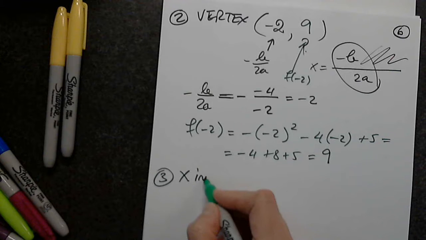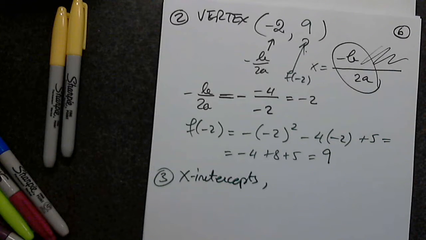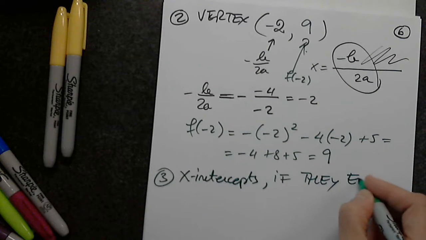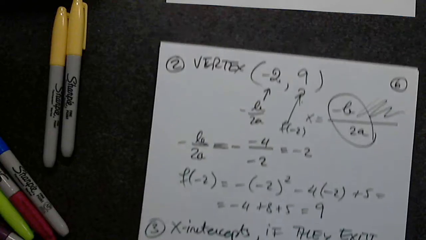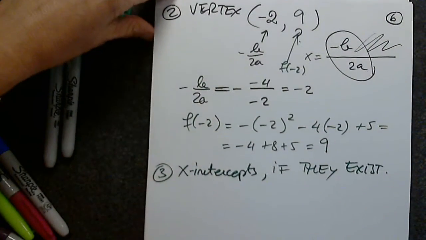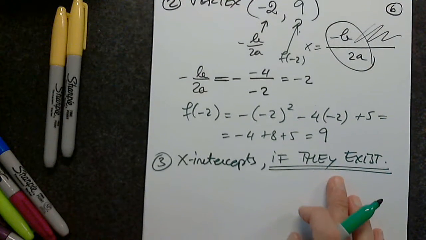Okay, let's look at the x-intercepts now. And something very important, comma. Minus 2 comma 9. Yes. So let's talk about this first before we continue.